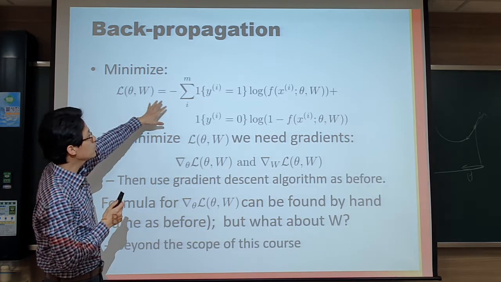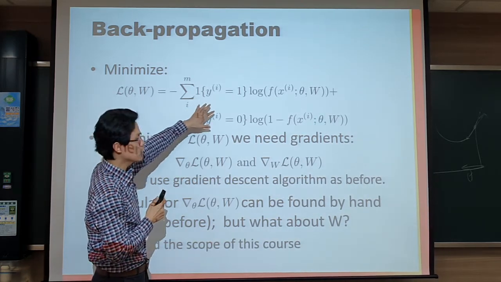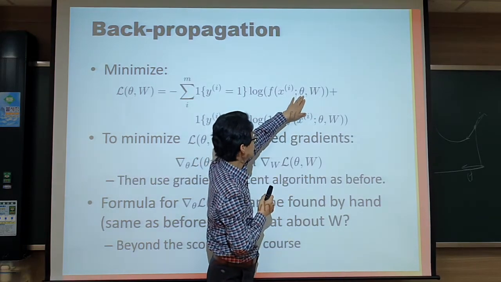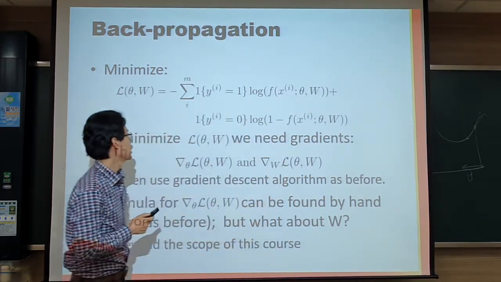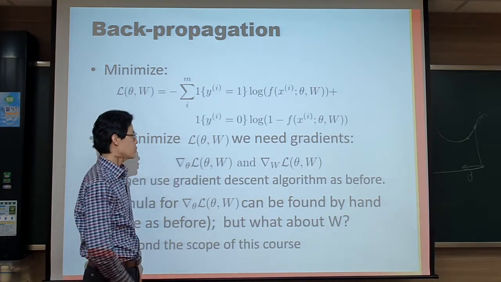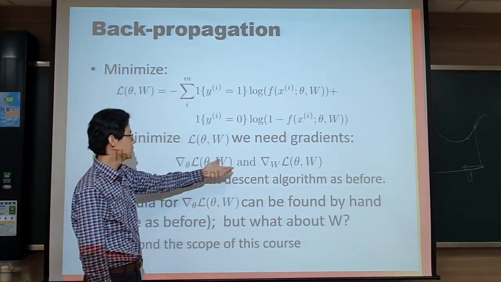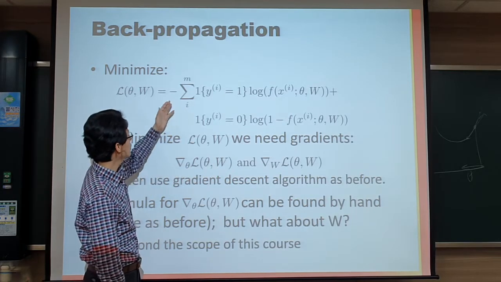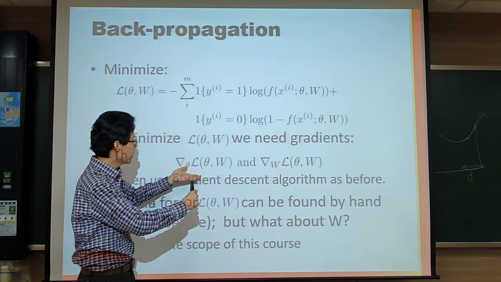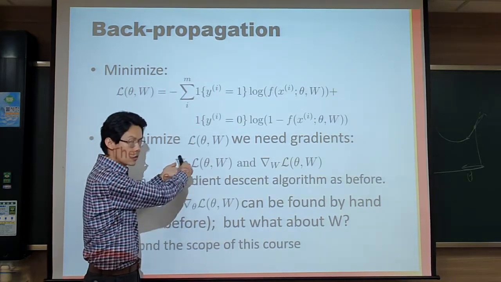Here it looks like the logistic regression loss function, but the difference is that there is one more parameter, in addition to theta and W, something like that, right? And then overall we need to adjust theta and W, so that's why we need two different gradients. The gradient of this loss function along theta, such that we can adjust theta in a way that reduces the loss function.